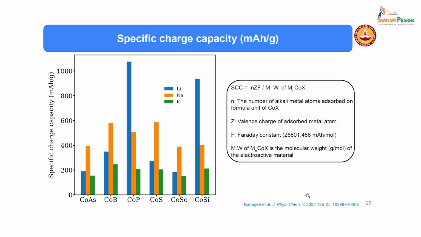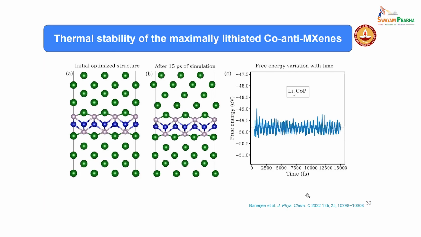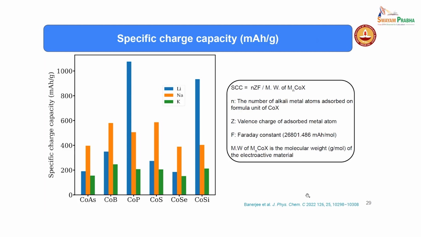So what we are doing here from first principles is to obtain the adsorption energy, and that is what is helping us to identify how many atoms we can actually absorb. All other things are constants only. So as such, we find that there are a few materials that can have very high specific capacities for lithium. Majority of them have very good specific capacities for the case of sodium.